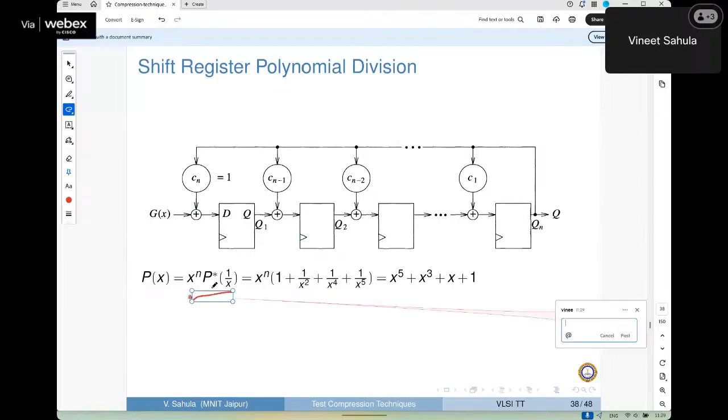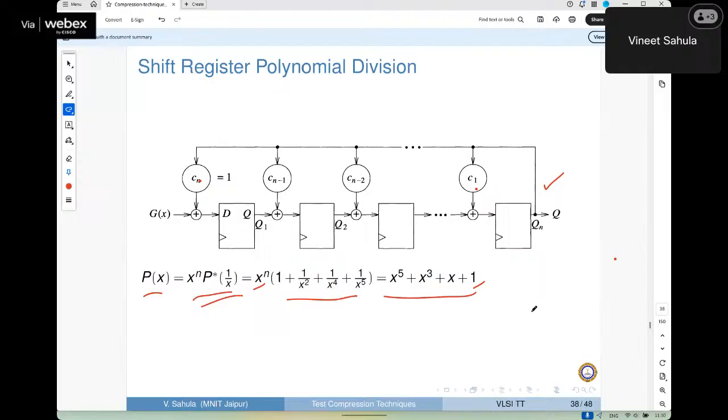For P star, you have a habit of realizing the P, so you can convert P star into P, x^n, and whatever we are getting here, P of 1 by x. So I get this. So we have one is here. C1 to Cn. And this is P star, so it is one to many, type 2. My coefficients are C1 to Cn that I'm realizing. So I will do this, tapping allowed that way, right?